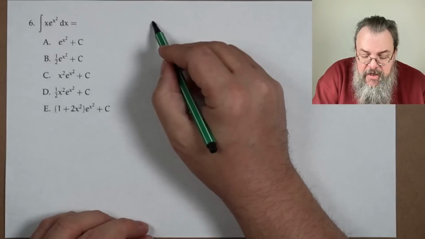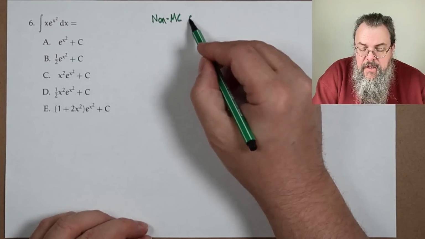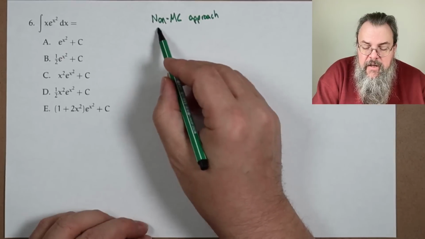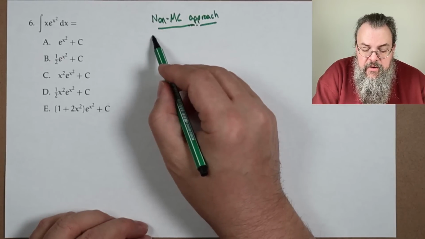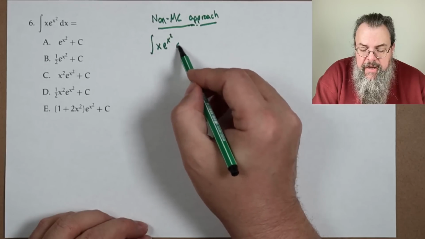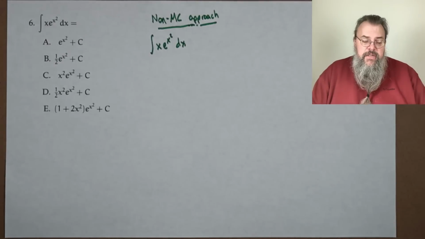So here we have our non-MC approach. All right. And so what do we do? We say, well, let's just work on this integral, x e to the x squared dx. Now, it's not one of our basic integrals. There's no algebra or trig available for us to manipulate here.